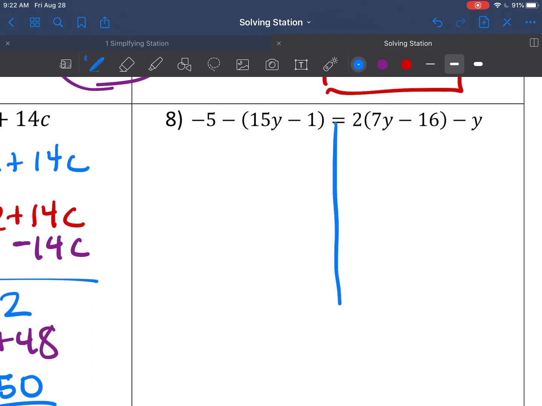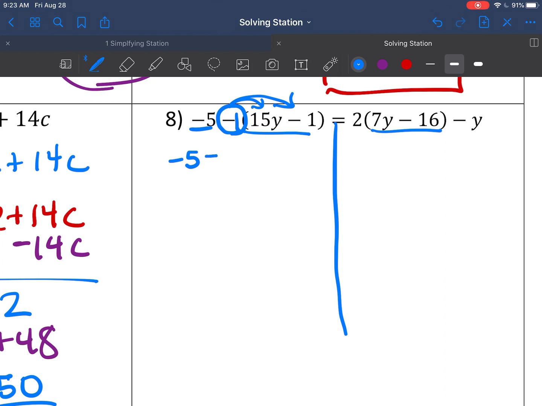All right, so here's our equal sign. And I see parentheses, I see parentheses. So we need to clean up each side by doing the distributive property. Remember, if there's just a negative sign in front, there's an invisible -1 there. So I am distributing -1 to each of these two numbers.